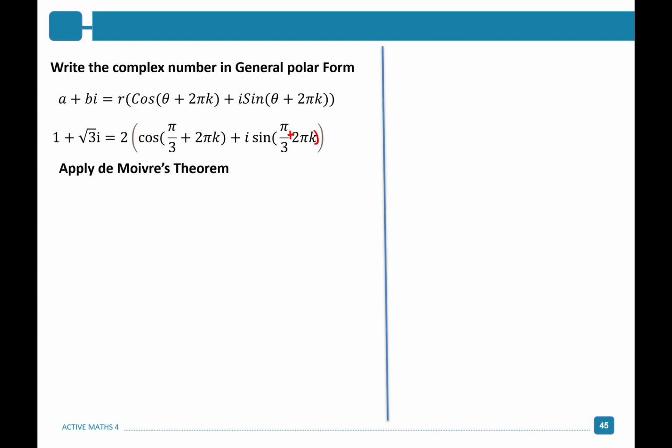Applying de Moivre's theorem to our general polar form gives us 1 plus root 3i to the power of a half will be equal to r to the power of n, where n is your power, times cos of n times theta plus 2 pi k, plus i sine n times theta plus 2 pi k. This is very important: our n value, our power, is multiplied by theta plus 2 pi k, because this whole value in here gives us our angle.